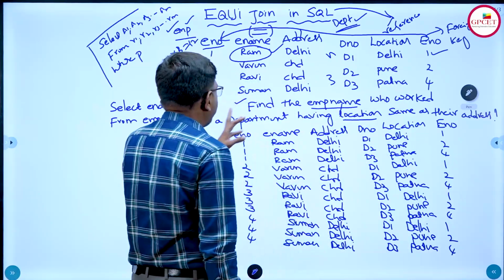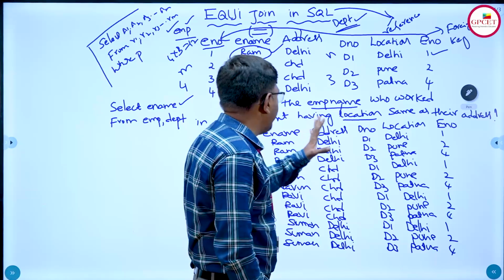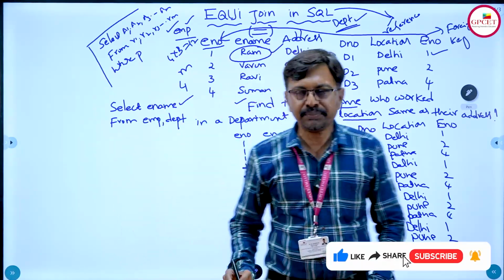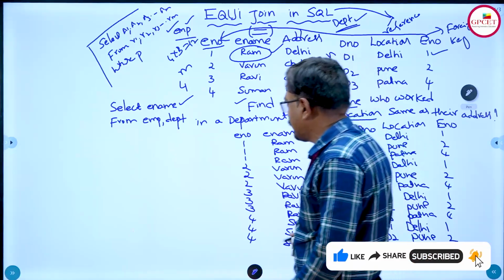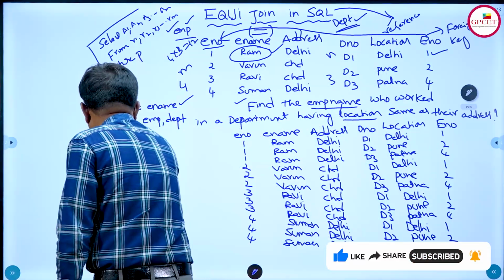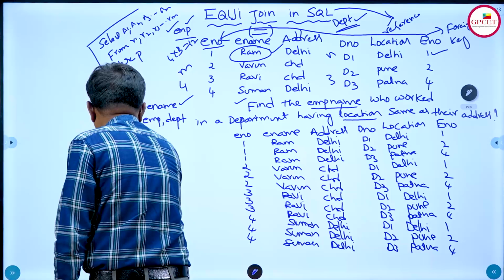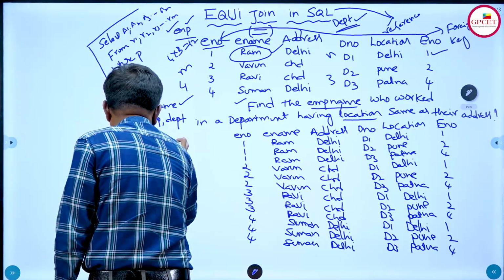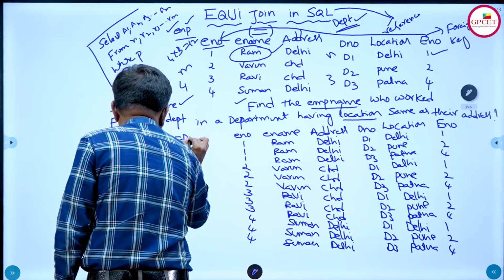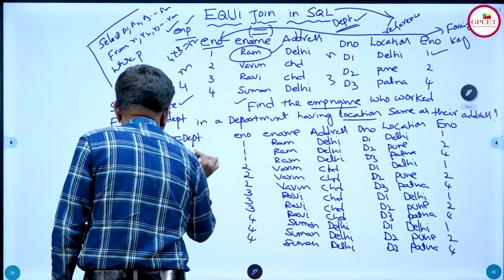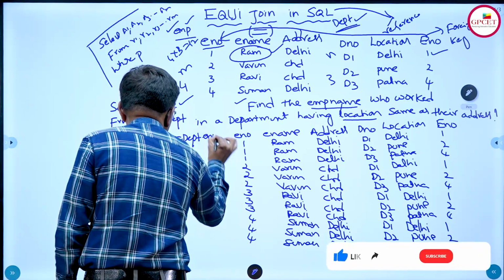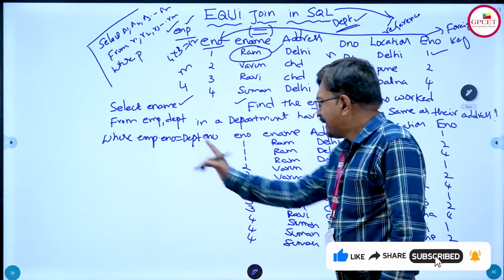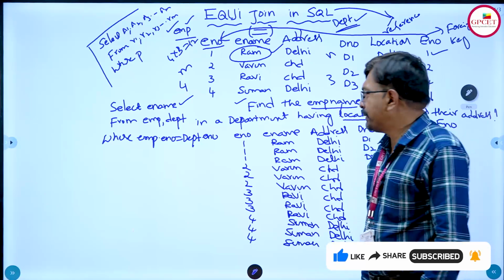Observe the case: find the employee name who worked in a department having location same as their address, from EMP, department where EMP.E number is equal to department.E number.